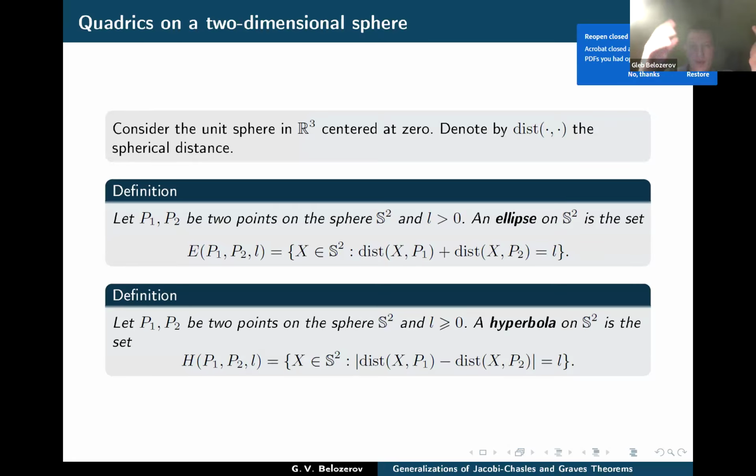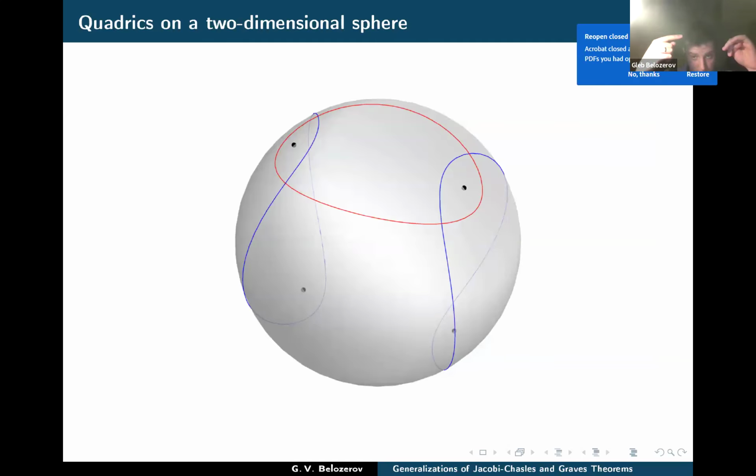So a hyperbola on the sphere is the disjoint union of two ellipses.